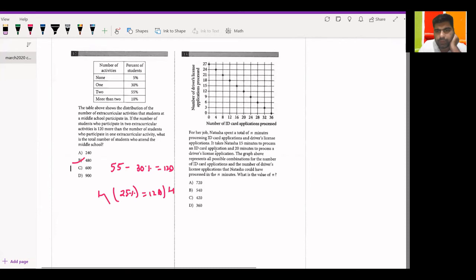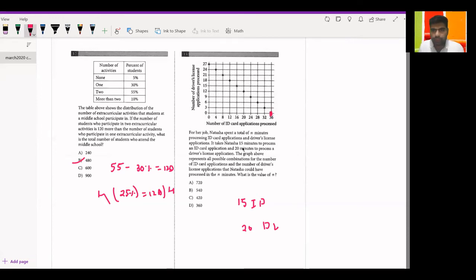It takes 15 minutes for an ID and 20 minutes for a driving license application. Okay, 15 for ID and 20 for DL. All combinations. What is the value of N? So this is N minutes, so this is the total minutes.